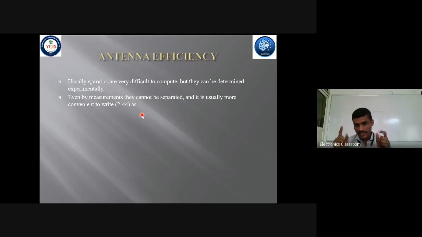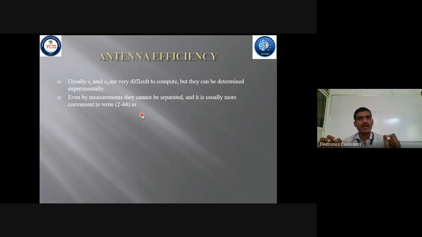So it cannot be calculated separately, it cannot be measured separately. Theoretically it can be understood, there are dielectric laws and conduction laws, but practically, experimentally, it cannot be determined separately. It can be measured, but it is not so easy.